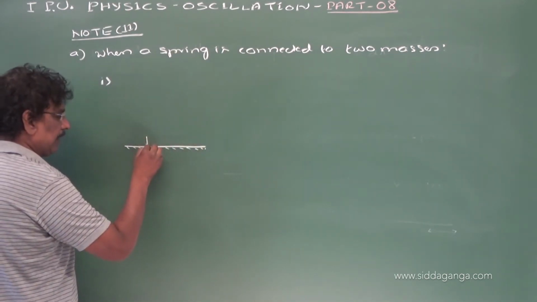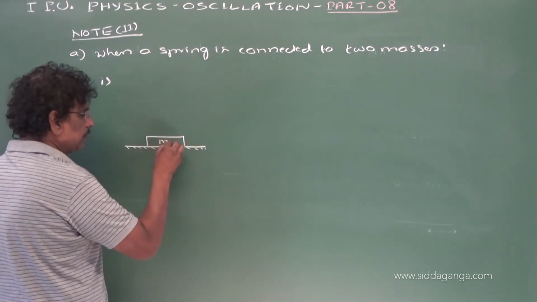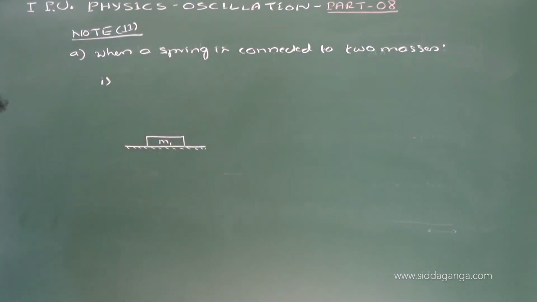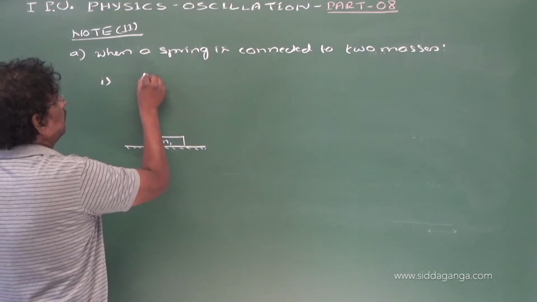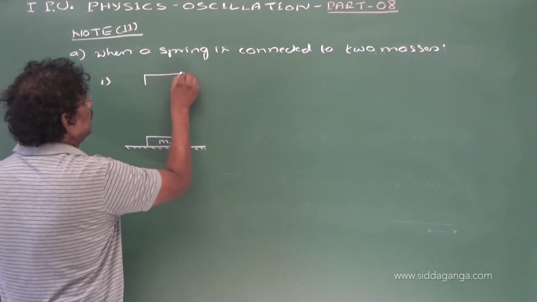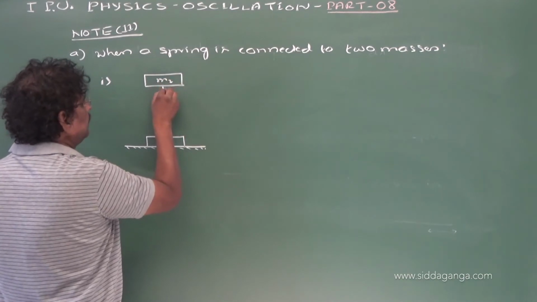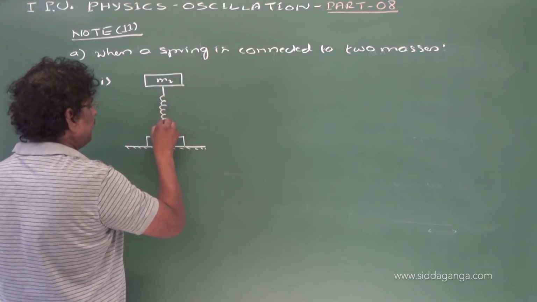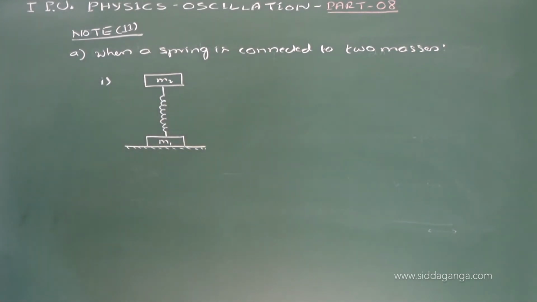Now a mass m1 is placed on the horizontal plane. Now we put another mass m2, so that a spring connects both m1 and m2.